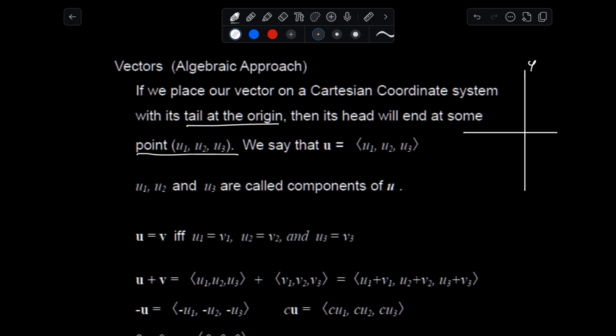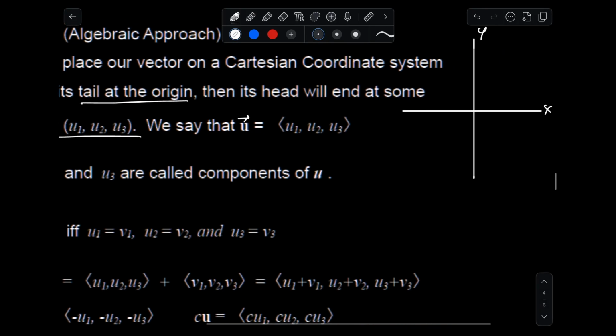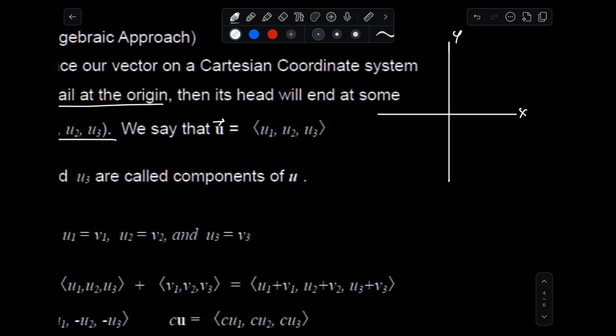And we said that the vector, this is in bold, we write the arrow, is this, right? And if you think about it, it kind of makes sense, because if we start off at the origin and we go off to some point in space, we have to cross some arbitrary delta x, some arbitrary delta y, and oftentimes in this class, we will be going into the third dimension.